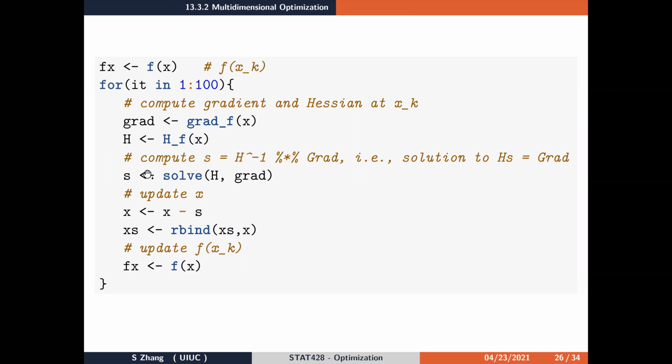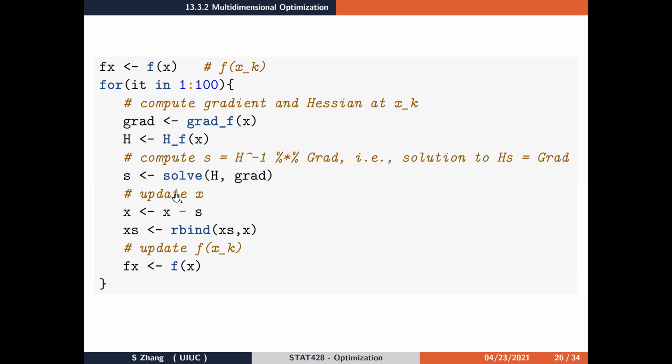Then, instead of inverting the Hessian matrix, which is quite computationally intensive, we will solve h times s is equal to the gradient. You can see that the solution s is essentially h inverse times the gradient. So let's set s to be solve of h and grad.